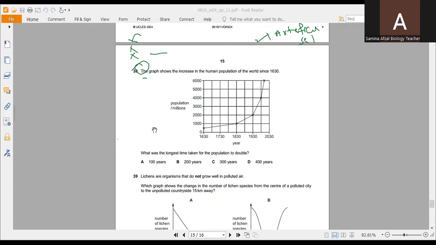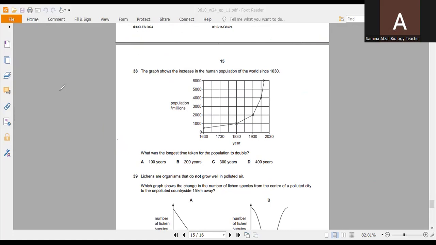Next question number 38 is there. The graph shows the increase in the human population of the world since 1630. What was the longest time taken for the population to double?